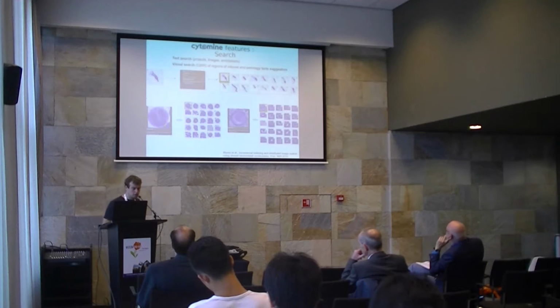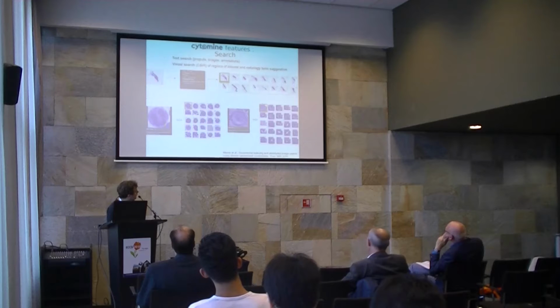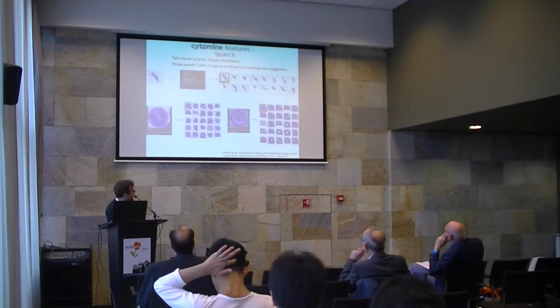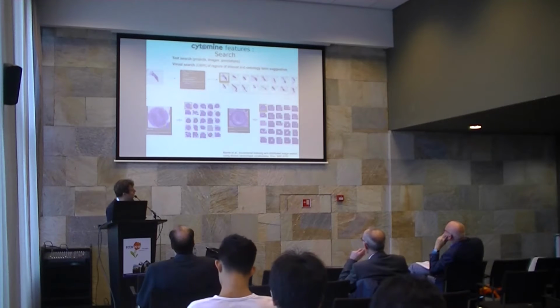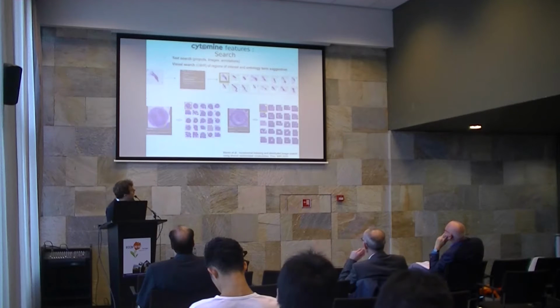We have implemented a content-based retrieval algorithm that we have published before, so that each time an expert annotates an object, like the cell here, there will be an online algorithm that will look into the database for similar annotations based on the visual appearance of this object.